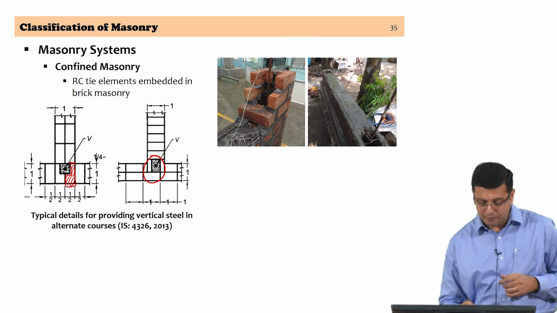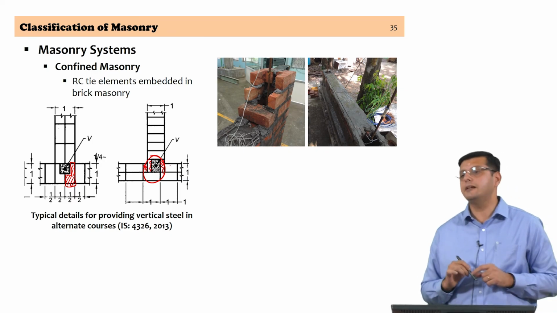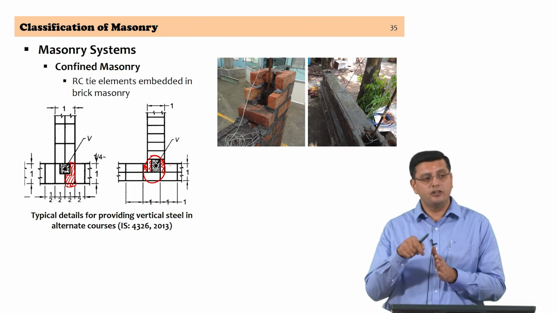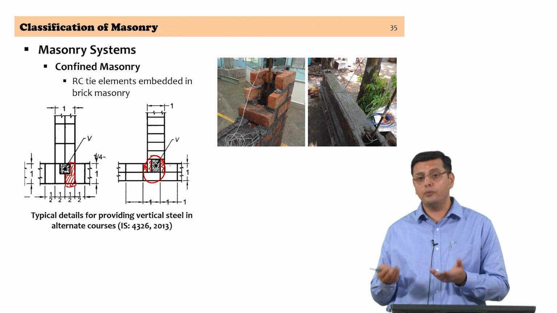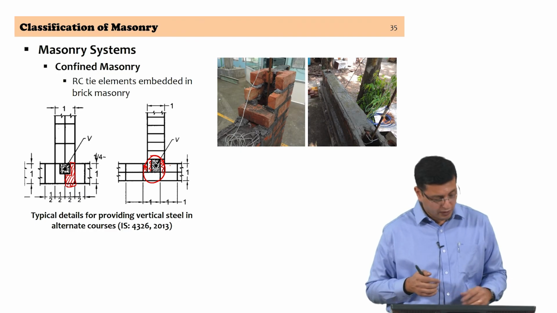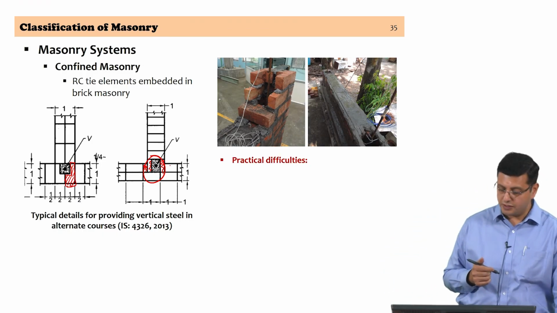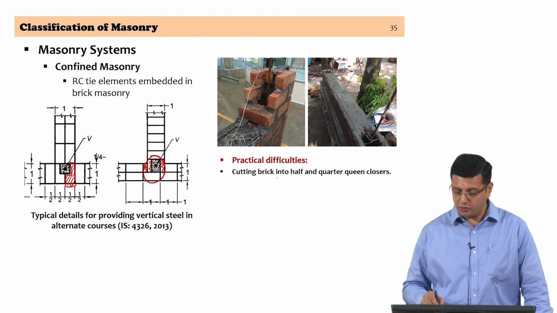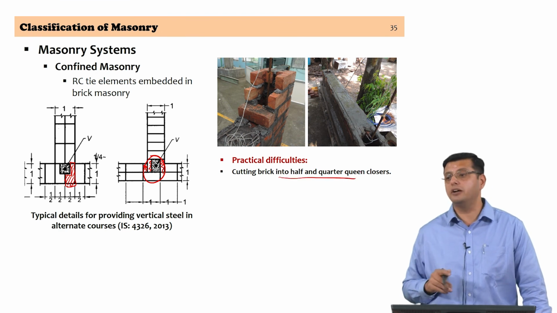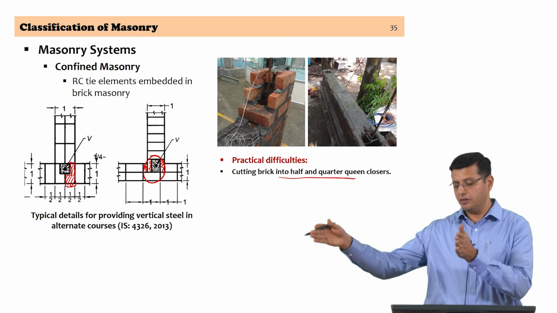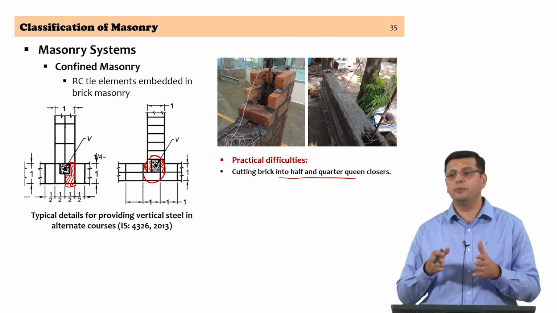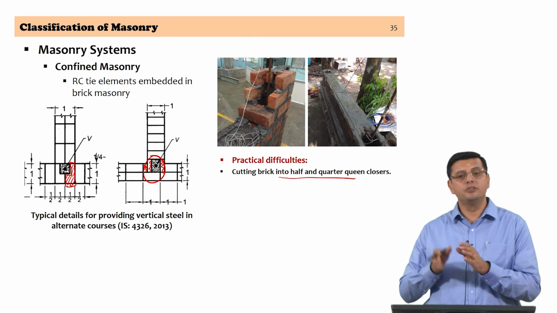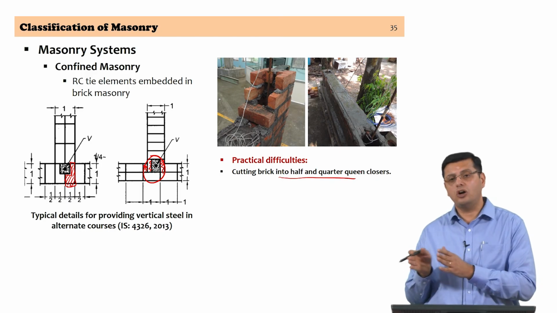You can again see that you have different sizes of bricks that will be required, and this creates a lot of difficulty in the field to actually cut the brick to that size. There is a lot of wastage, and the workmanship is also affected due to this sort of an exercise. So, you need to cut bricks into half and quarter queen closures for a given course. To ensure that the vertical stagger is not there, we use half quarter bricks, and that is called a closer.